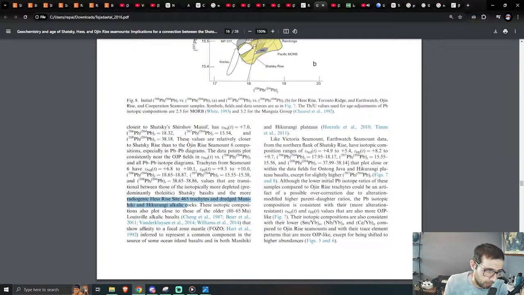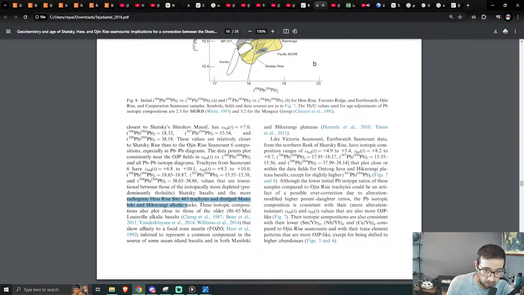So there's this discrepancy, and then these ones from the northern flank of Shatsky Rise plot close within the data fields of Ontong Java, Hikurangi Plateau, except for slightly higher lead.